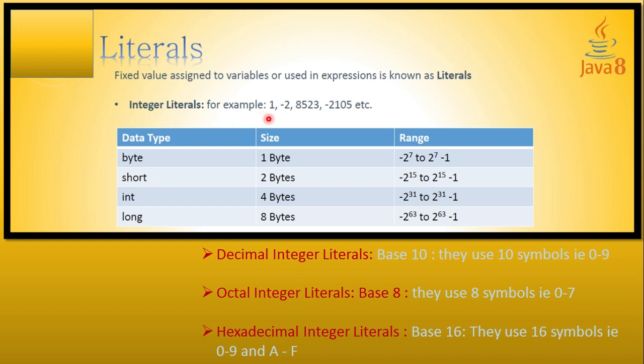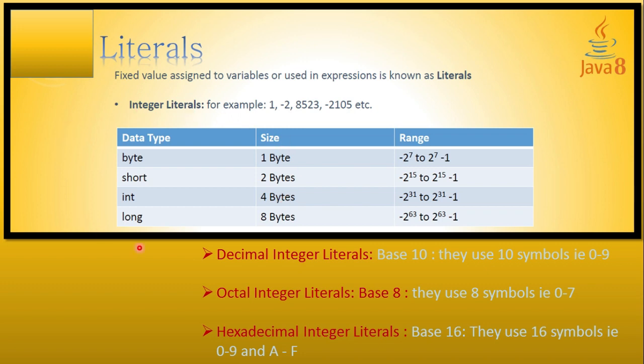When you write any number without a decimal, I am repeating that sentence again, any number without a decimal when you write, then it qualifies as an integer literal. These are data types and their sizes.